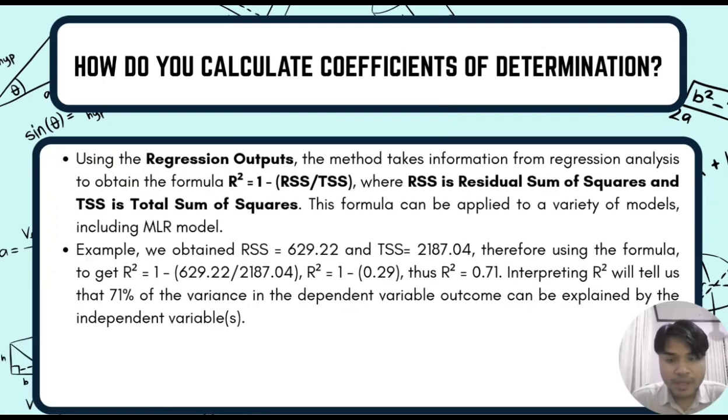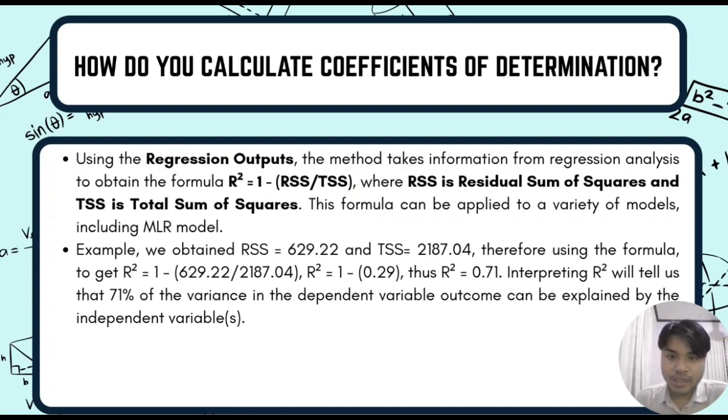The second method that we can apply to calculate the coefficient of determination is regression outputs. This method takes information from a regression analysis that we had done to obtain two values, which is RSS, defined as residual sum of squares, and TSS, which is total sum of squares.